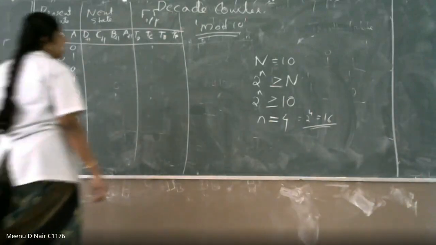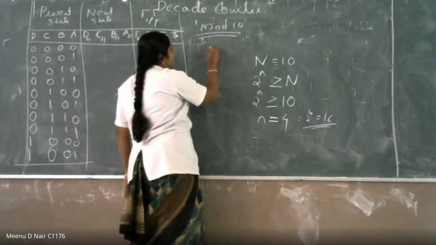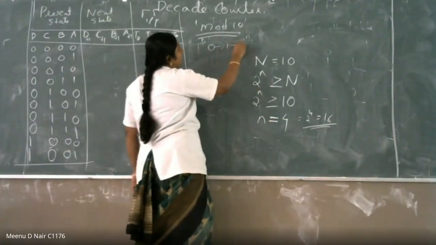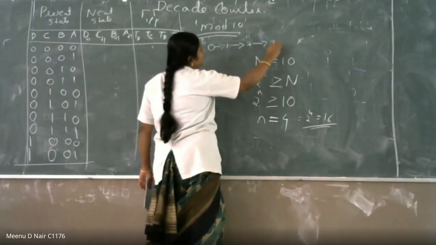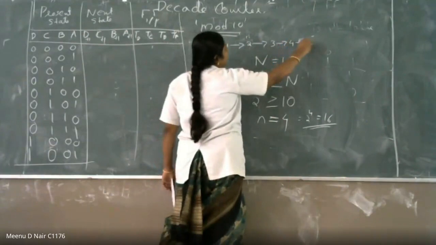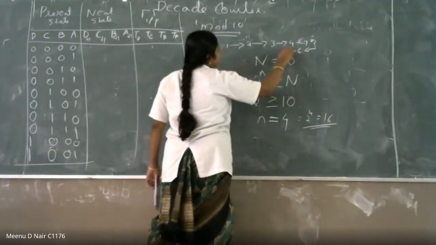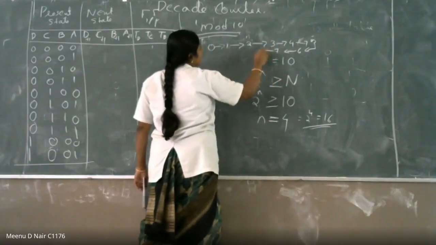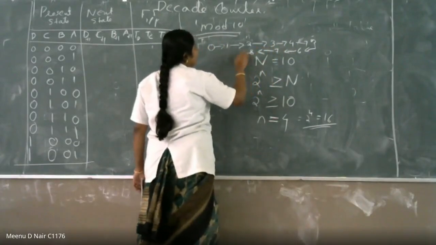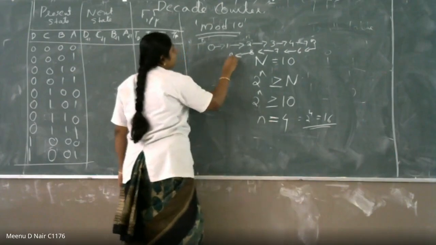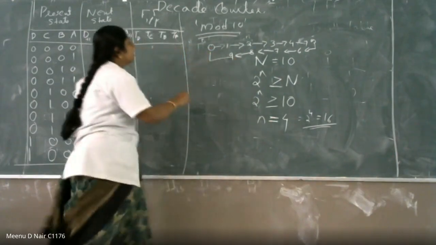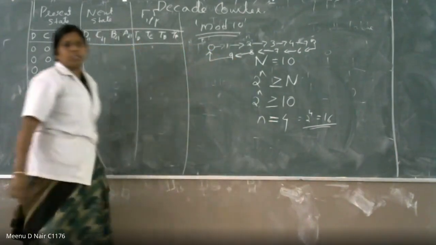Okay. So what is the next state here? Total 10, right? 0 to 1, then 1 to 2, 2 to 3, 3 to 4, 4 to 5, 5 to 6, 6 to 7, 7 to 8, 8 to 9, 9 to 0. It is back to 0, right?